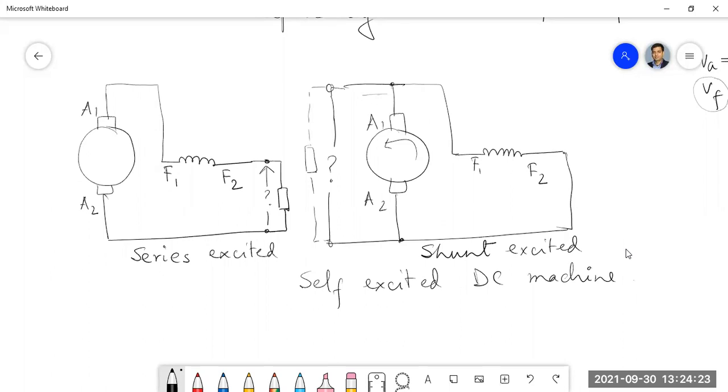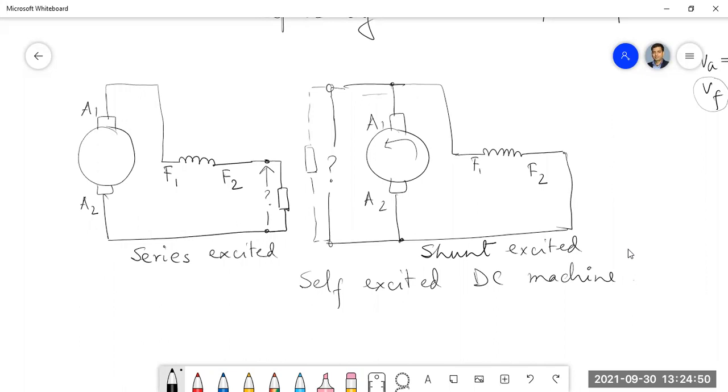So therefore, load should always be connected. But in the shunt excited mode, the field coil is connected across the armature, and you are tapping across the armature and connecting the load or measuring the voltage over there. So the armature and field circuit is already completed. So there will be no problem of flowing field current.